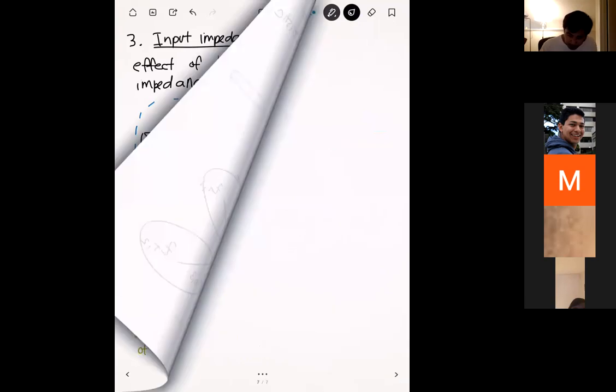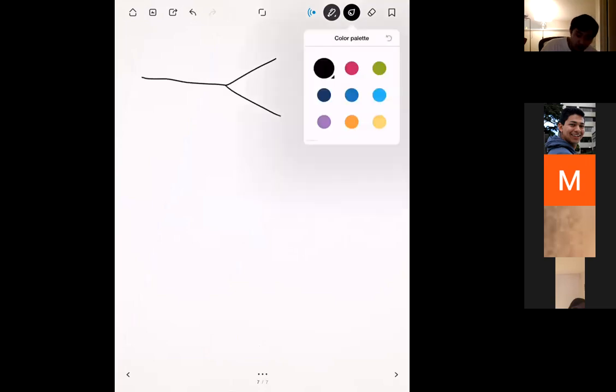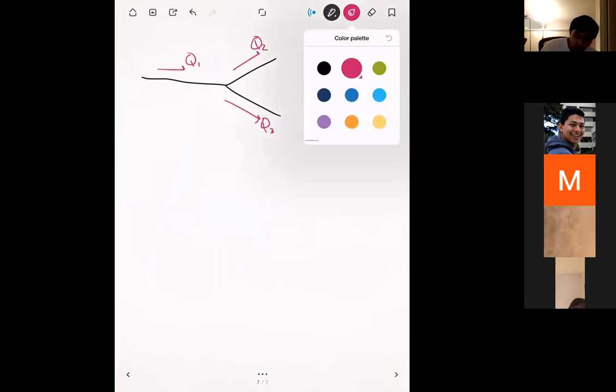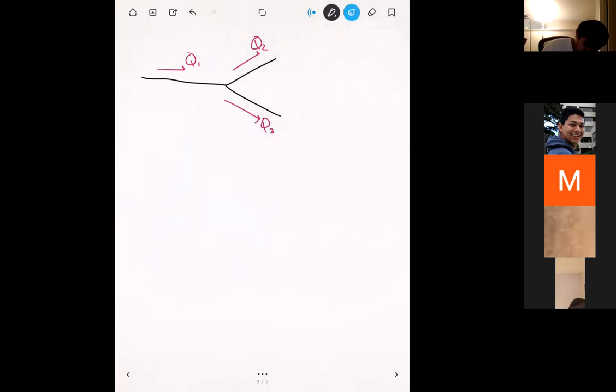Okay. All right. And so let me redraw the bifurcation here, okay? And let me draw these quantities. Okay. And so those are going to be the flows in all the different vessels. And we also know the pressures in all the vessels as well. Okay. So we have P1, P2, P3, Q1, Q2, Q3.